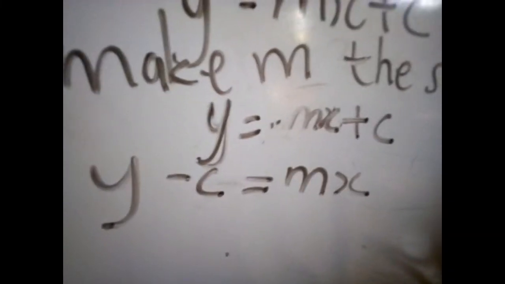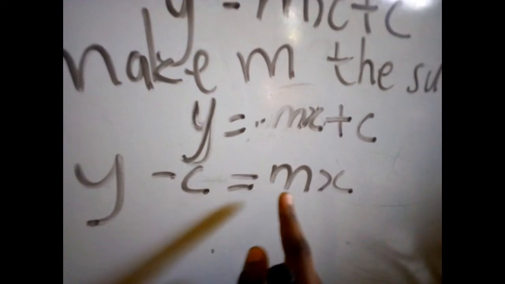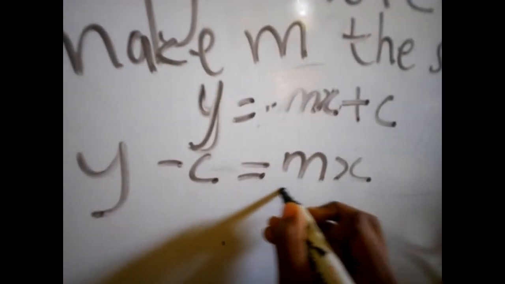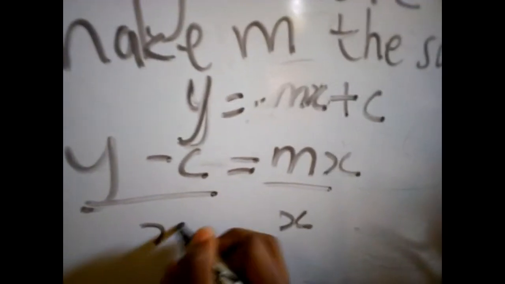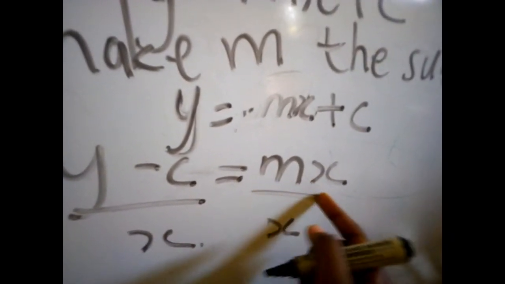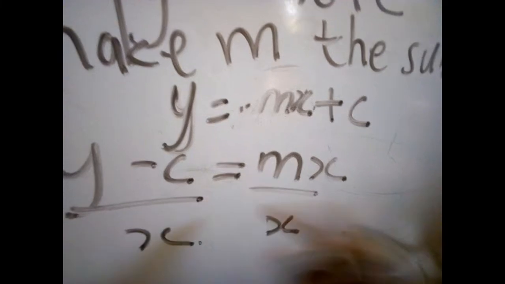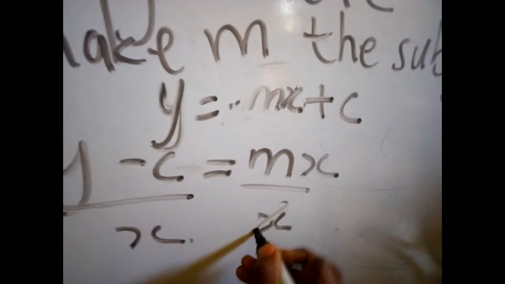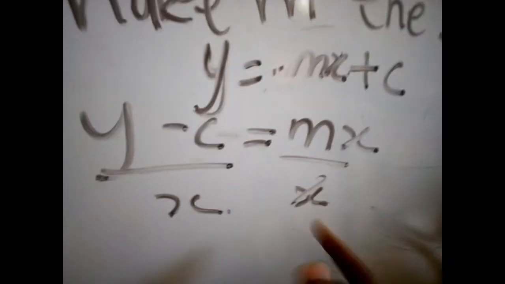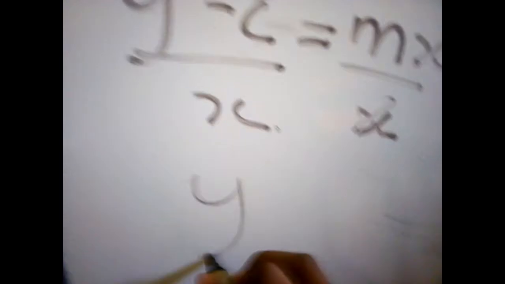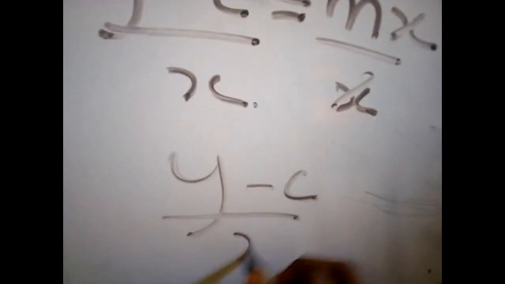So now to make m stand alone, you have to divide both sides by x, so that there will be no companion with m, so that m will be alone. So x will cancel itself, so you get m. This is the same as y minus c over x equals m.